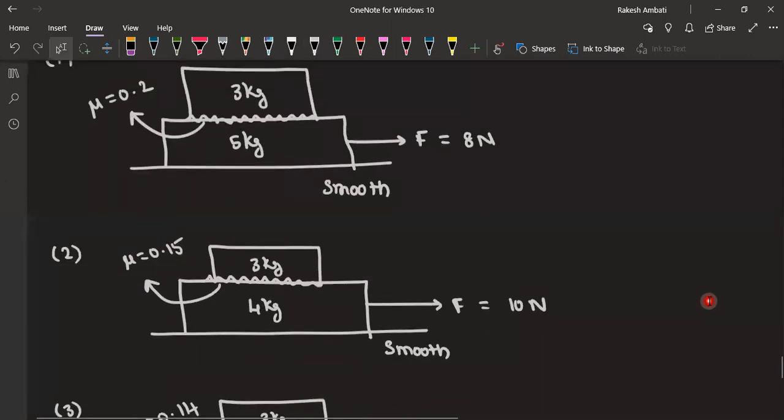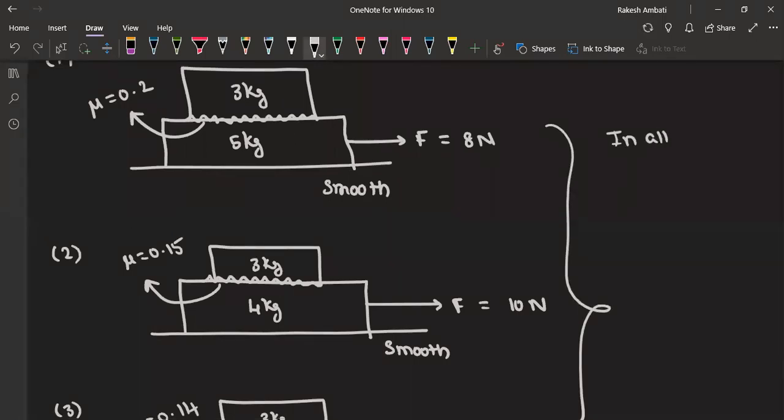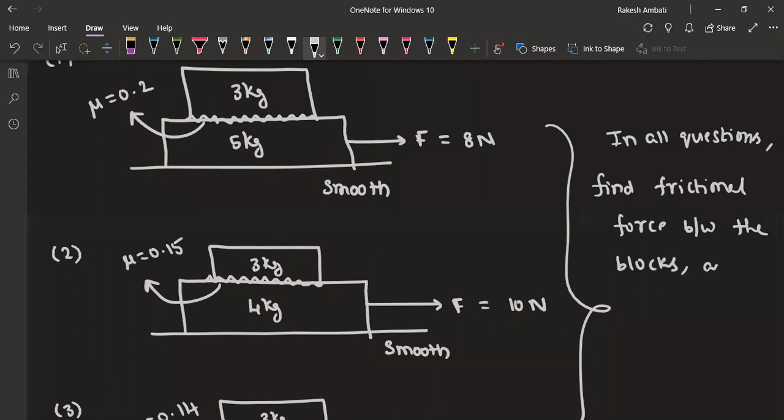Note down: in all questions, find the frictional force between the blocks and find the acceleration of each block.